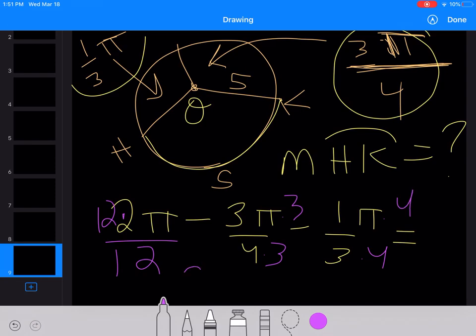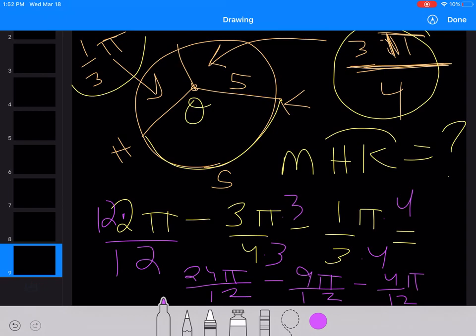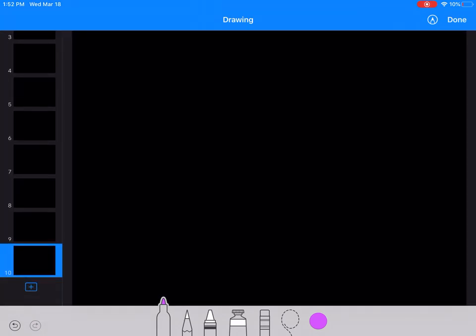So that'll be 24 pi over 12 minus 9 pi over 12 minus 4 pi over 12. All right, so on the next slide, we'll do that calculation. And that should be 11 pi over 12. Okay, so that's the measure of that central angle of HK.